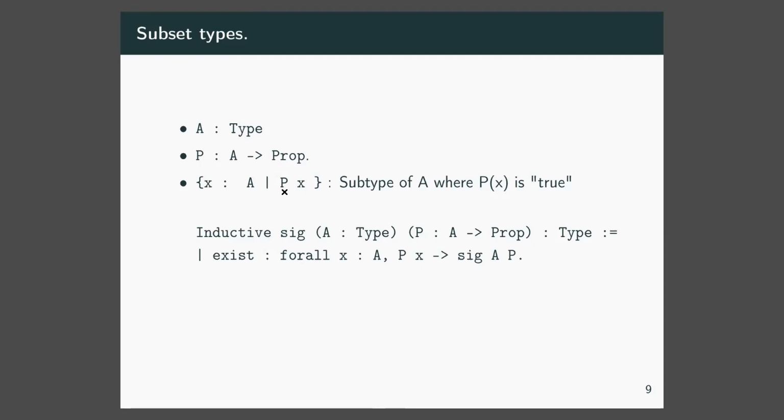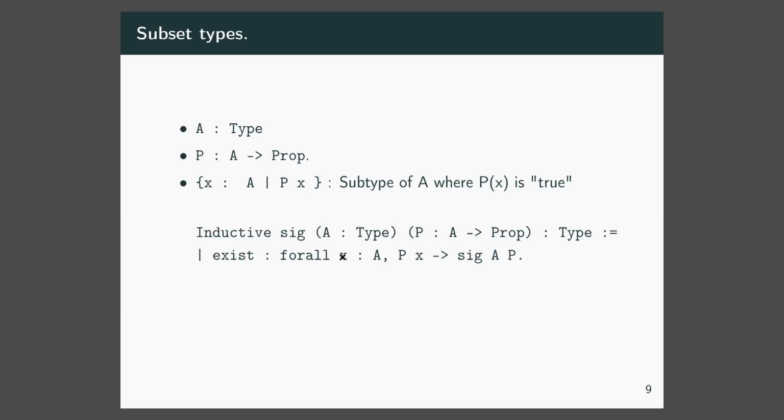Now the point in this subset type is captured by this sig inductive type. If you look at the sig inductive type, there is no difference between sig and ex, except for the fact that sig A P is a type, ex A P is a prop. There's no other difference. So it takes for all x in A, p of x, and sig A P. This is also a dependent pair.